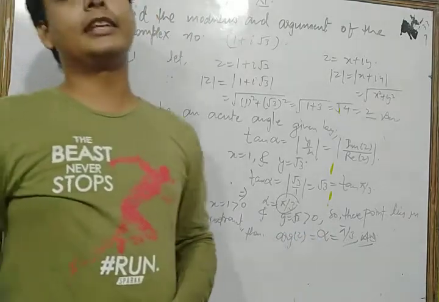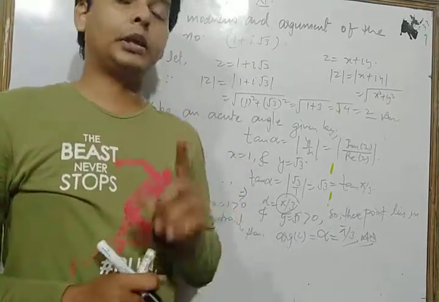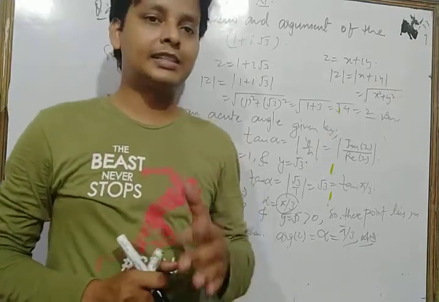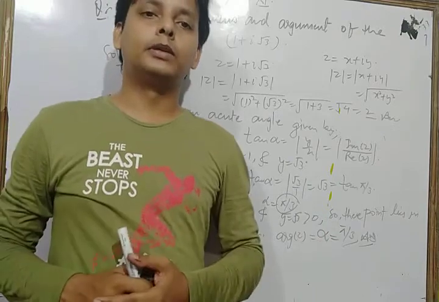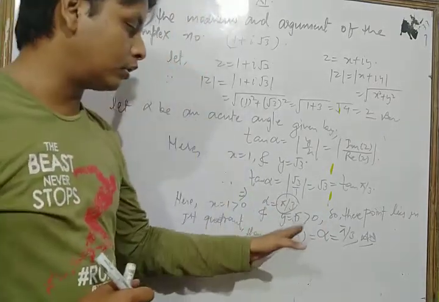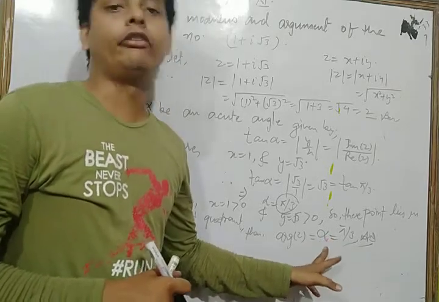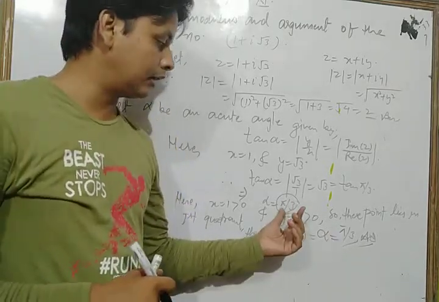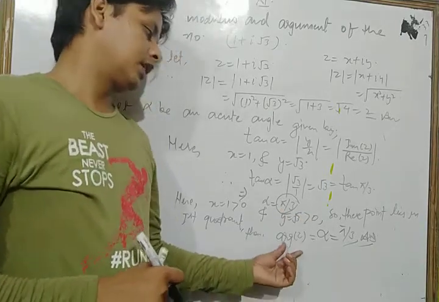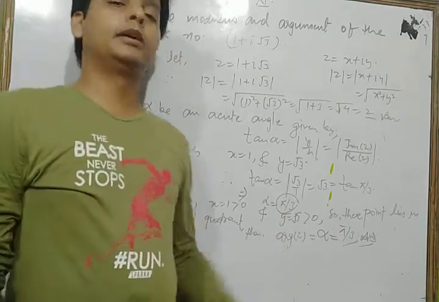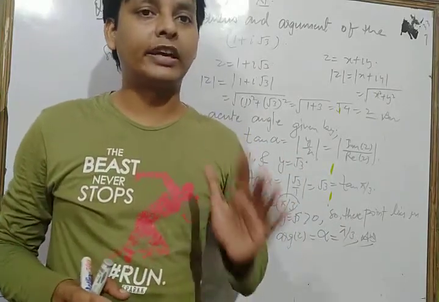In this way we can say that the point x, y lies in the first quadrant, and you know that if the point x, y lies in the first quadrant in the Argand plane of the given complex number, in that condition the argument of that complex number will be equal to alpha, and here you already found the value of alpha is pi by 3, so the argument of that complex number is pi by 3. So this is the whole process to find the argument of any complex number.